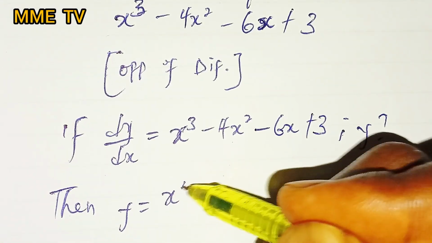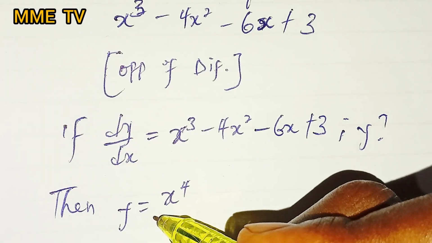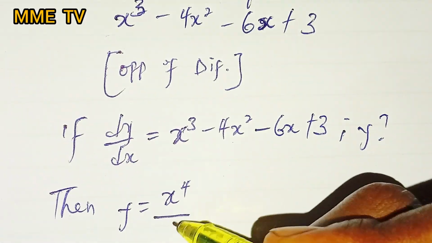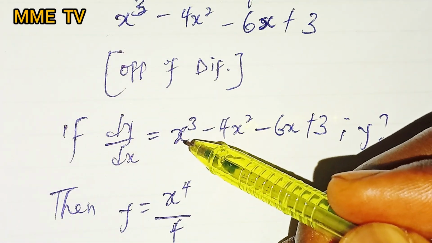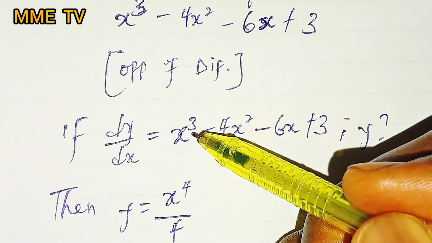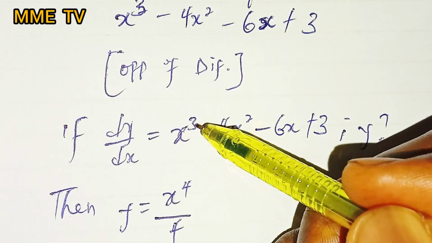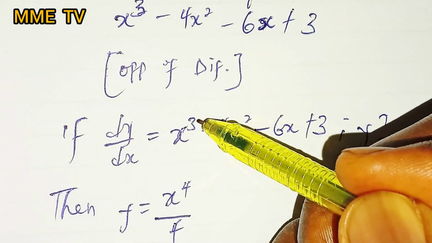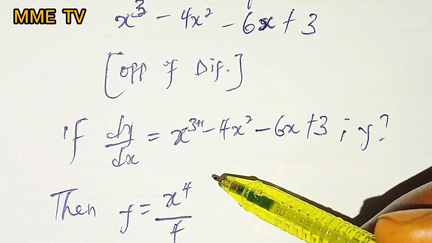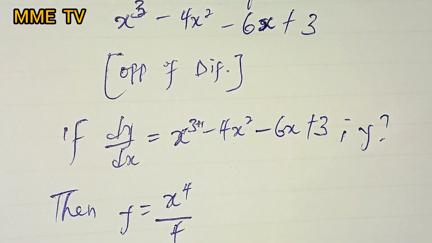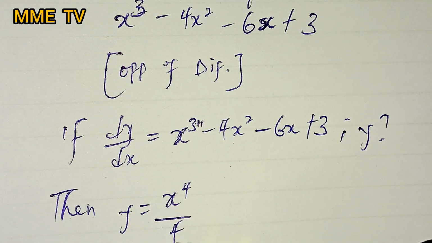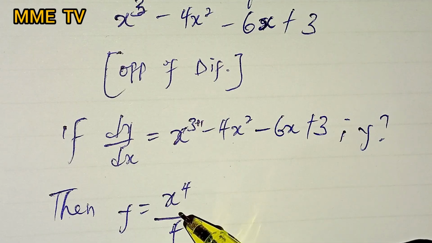y is equal to x raised to power of 4 all over 4. If you recall, in integration, x raised to power of 3 becomes x raised to power of 4, because there is an invisible plus 1, over the same power which is being raised to.